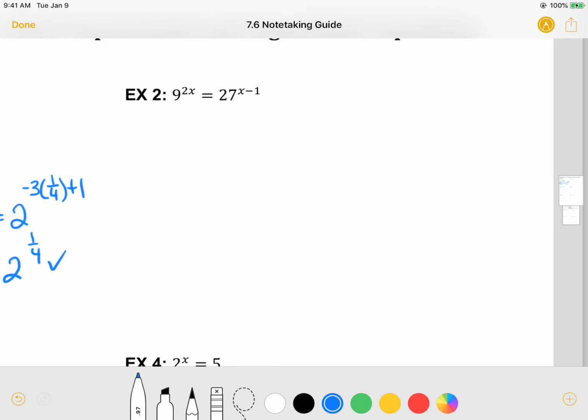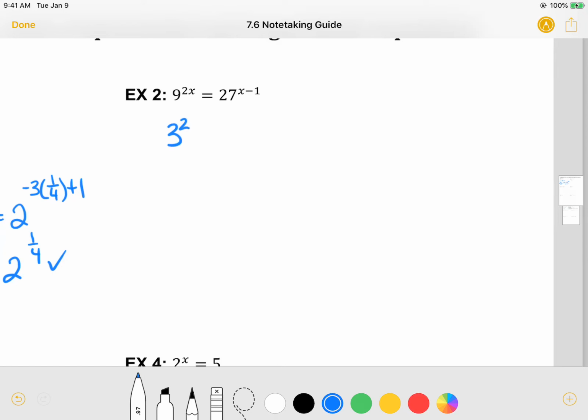This problem is a little bit different because the bases are not equal. We have a base of 9 and we have a base of 27. What we want to do is rewrite those bases so that they are the same, so we want to write them as exponents. I can rewrite 9 as 3 squared.